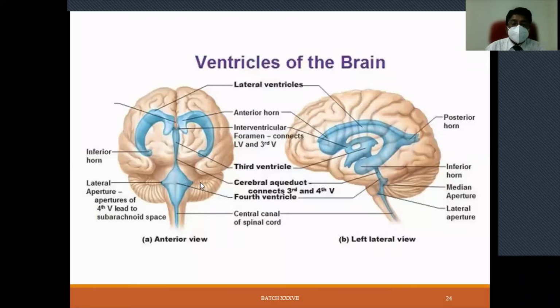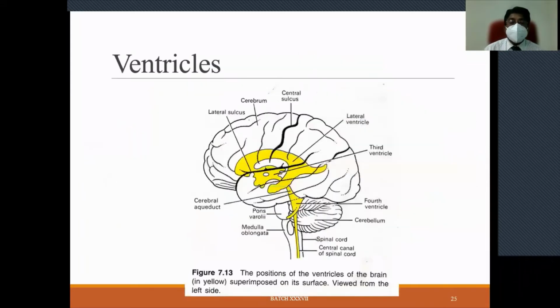You can see them on two sides of the fourth ventricle, and also a median aperture, right? One median aperture and two lateral apertures. With that, it connects to the subarachnoid space, and as a result the cerebrospinal fluid travels along the ventricular system and also to the subarachnoid space.